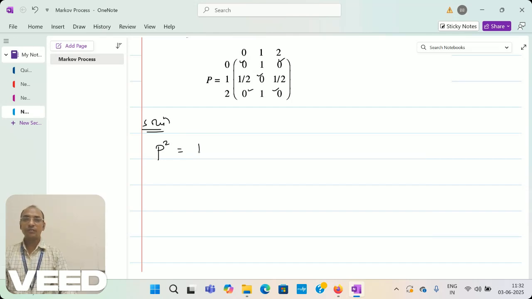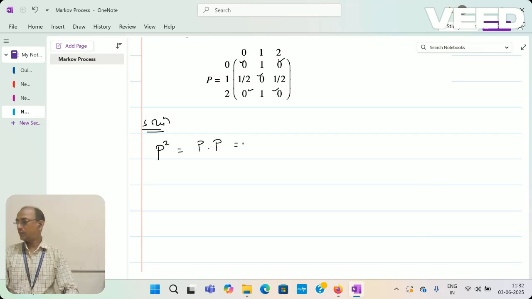P2 means P into P, and that will give me 1 by 2, 0, 1 by 2, and 0, 1, 0, and then 1 by 2, 0, and 1 by 2. So this will be my P2.